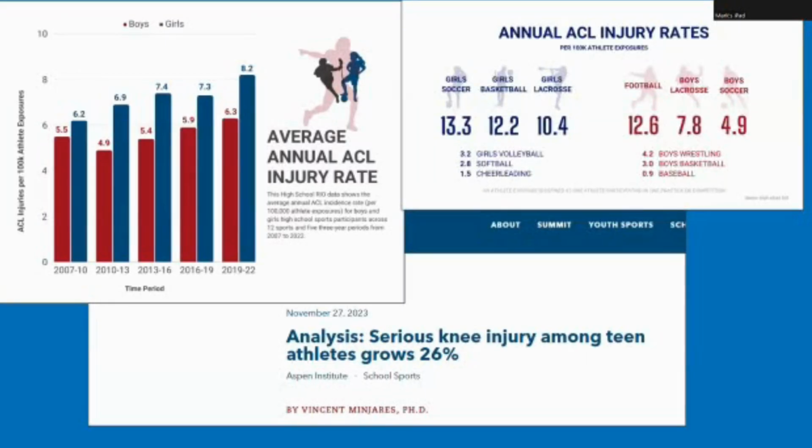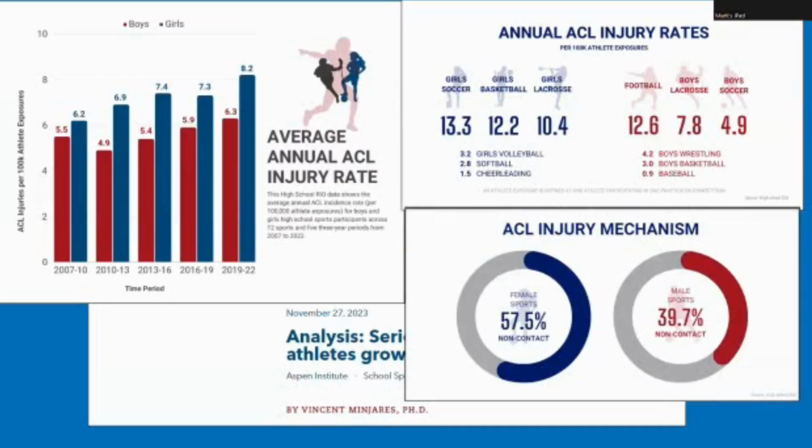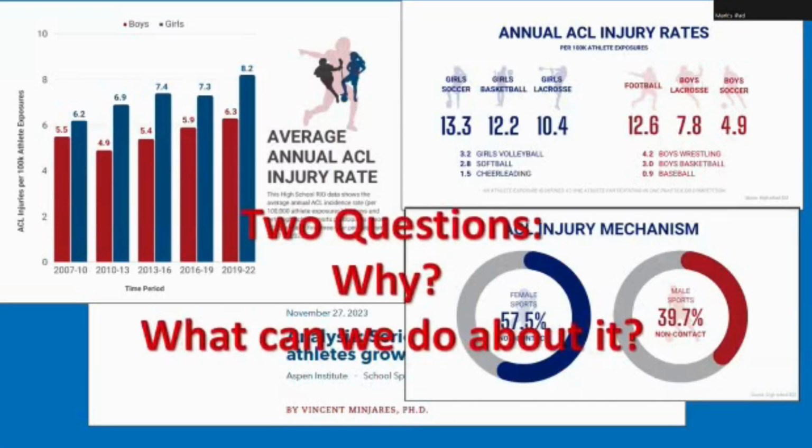The incidence is more in females than it is in males. Non-contact injury is pretty high in females. Why? And what can we do about it as healthcare professionals, athletic trainers, orthopedic surgeons? What can we do preventatively? What are our causes? Help us.